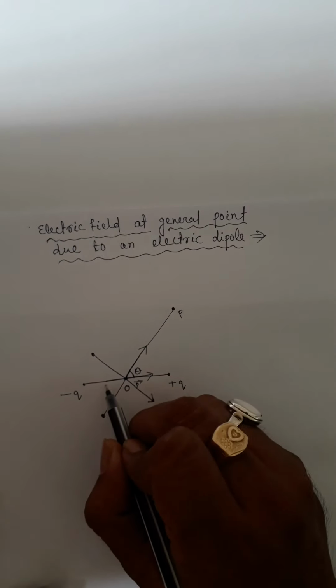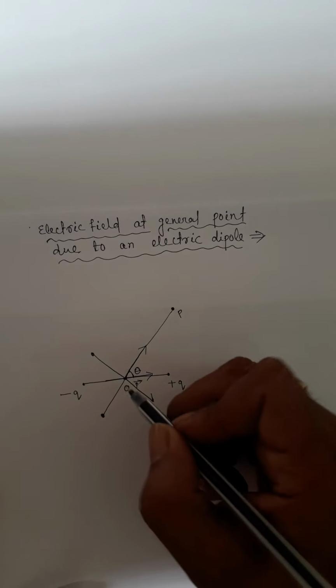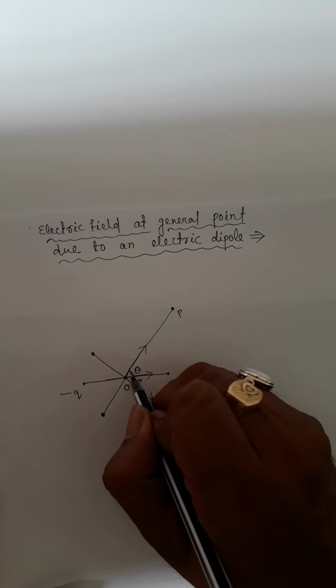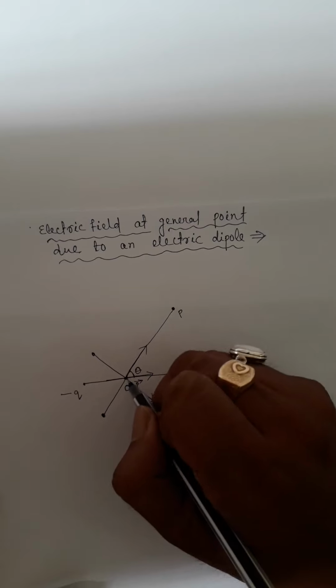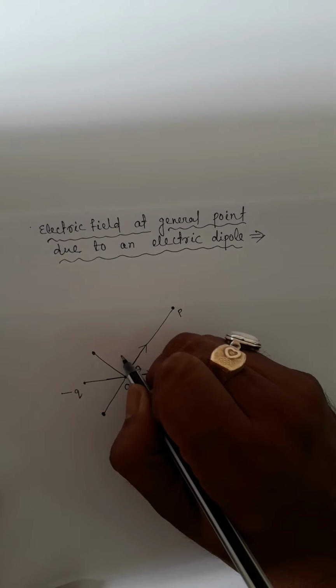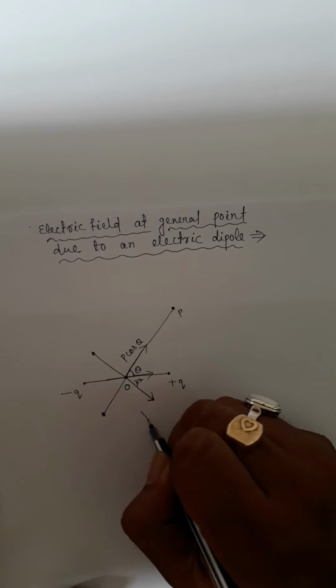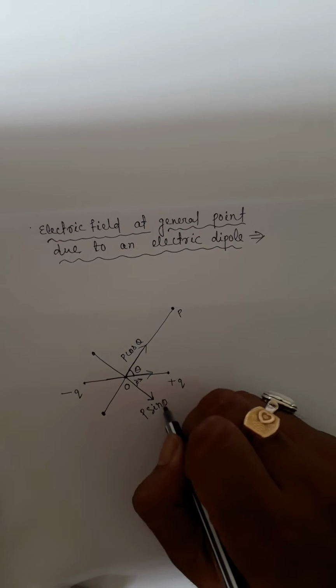Resolving P vector along OP and perpendicular to OP, if this angle is theta, then this will be P cos theta and this will be P sin theta.